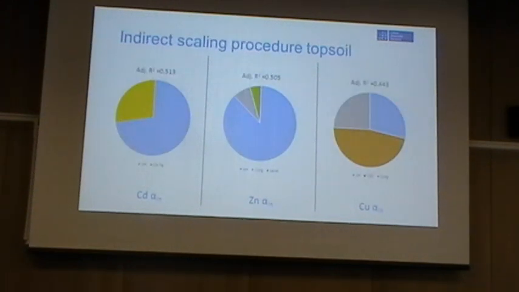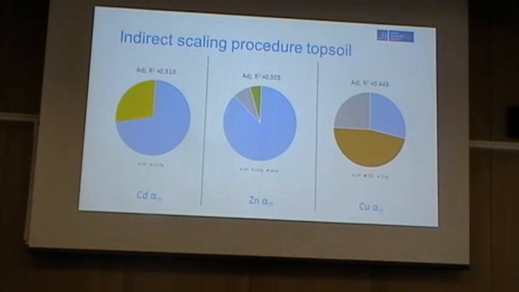For the indirect scaling procedure, the scale factor alpha can be calculated, as I just said, using linear regression from the soil properties. The contributions of different soil properties are listed here. What I want to say is that sorption is a complex process. Different heavy metals relate to different soil properties.